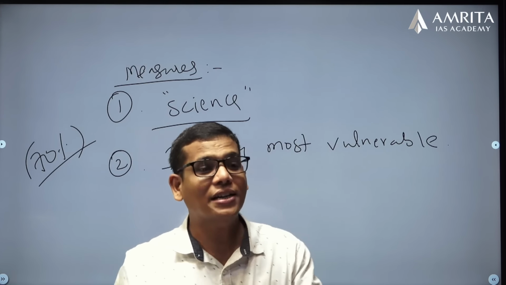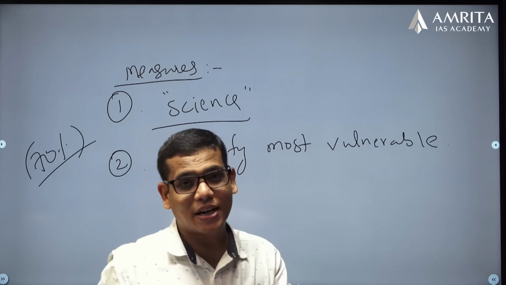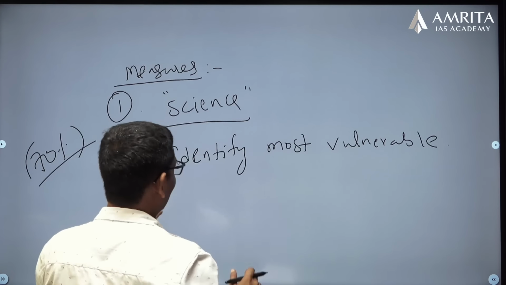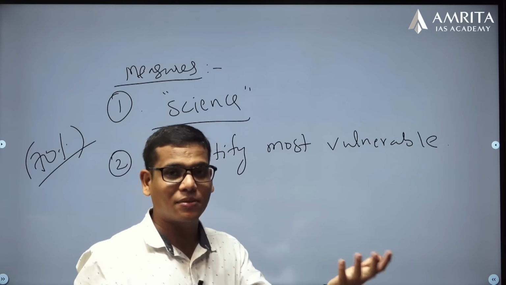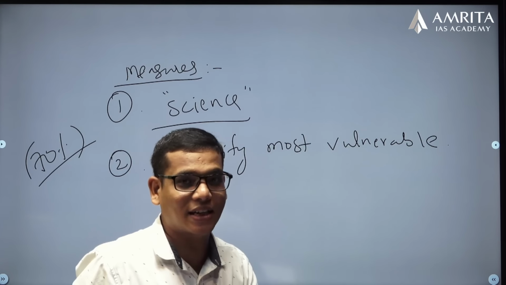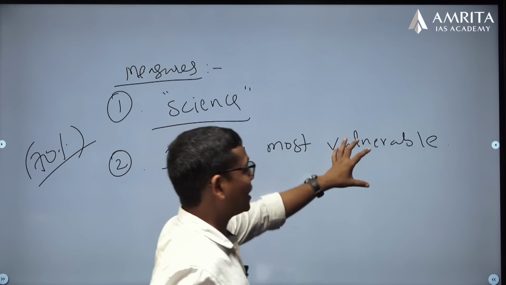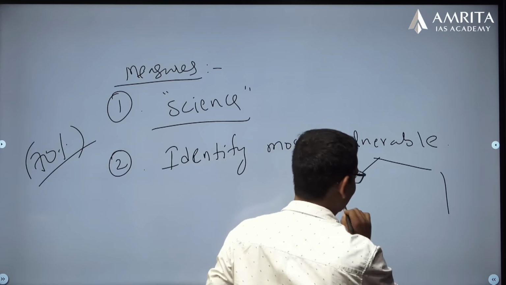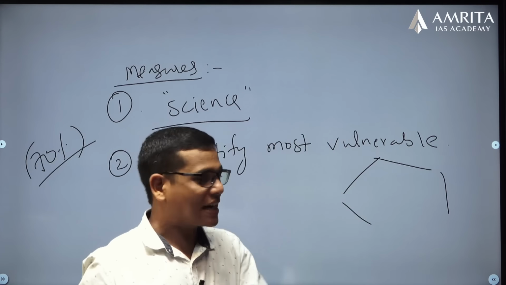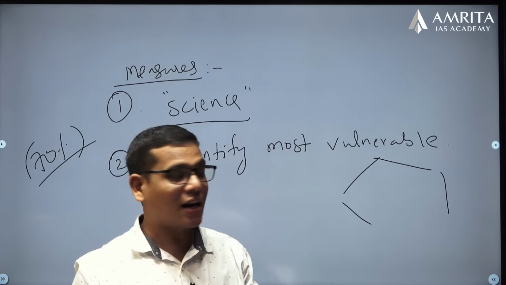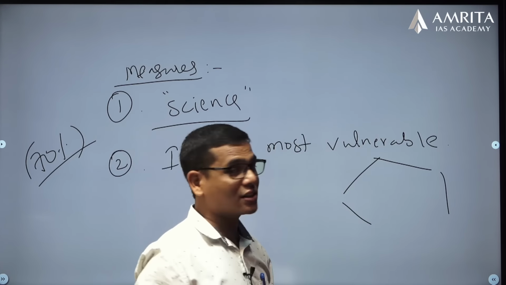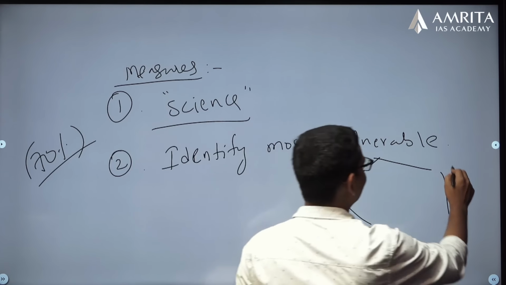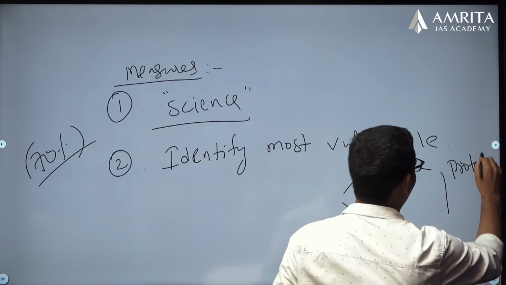We have protected areas, we have biosphere reserves. Likewise, in oceans also we have some reserves and some countries are protecting them. But identify more vulnerable areas and demarcate them. Just identify an area, and if you think it is vulnerable, announce it as a protected area.